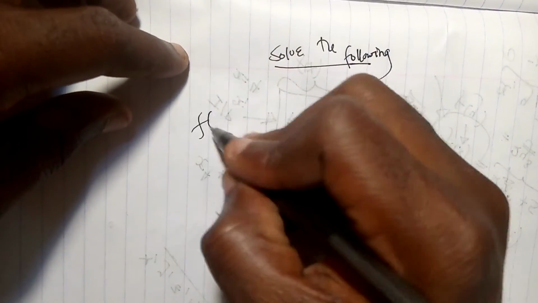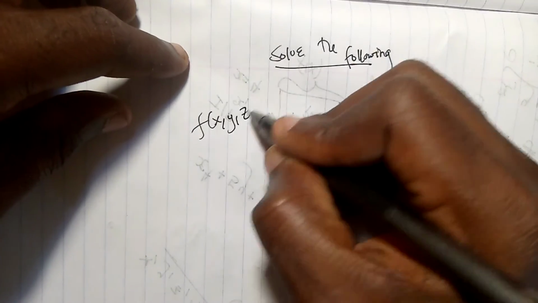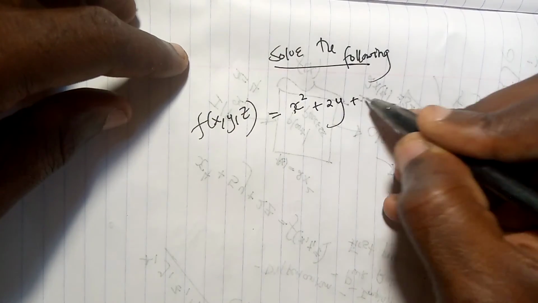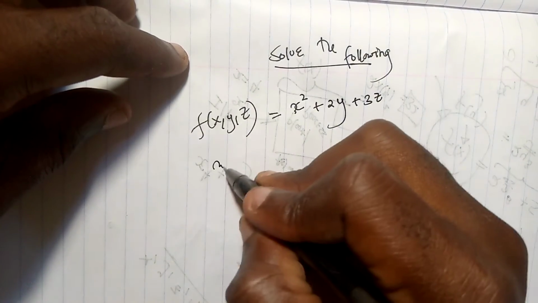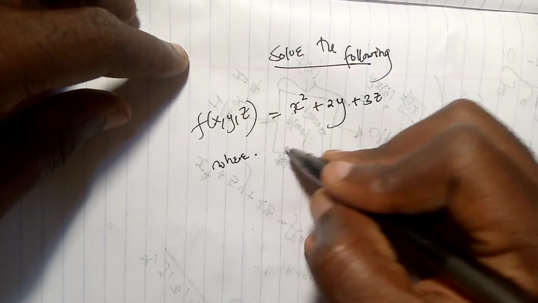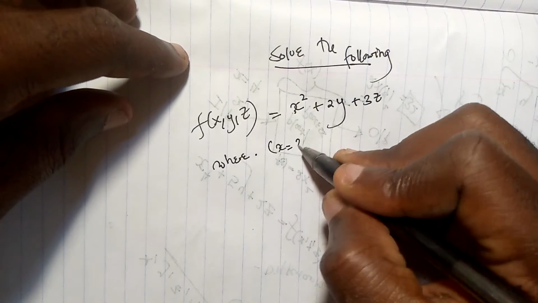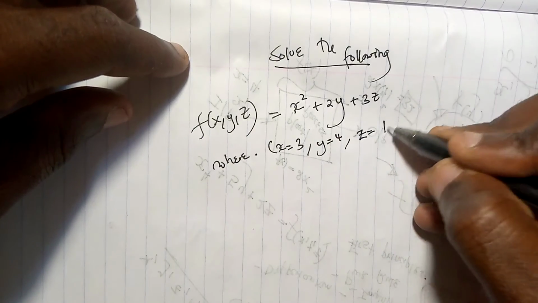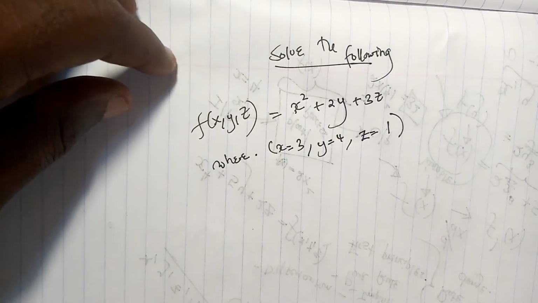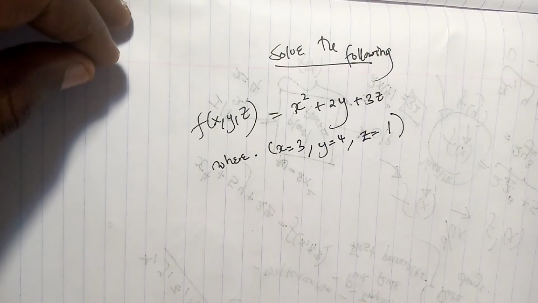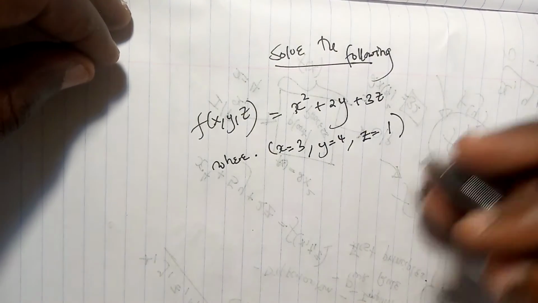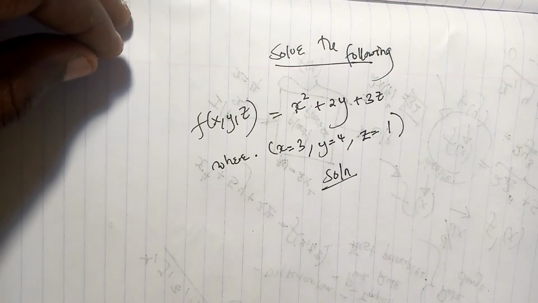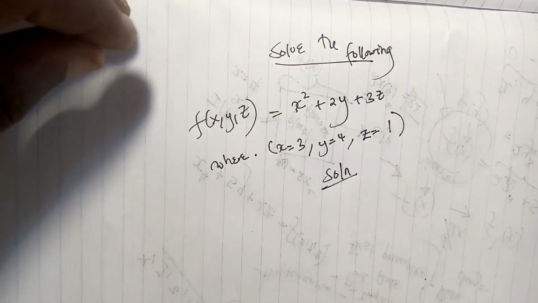So you have f of x, y, z is equals to x squared plus 2y plus 3z, where x is equals to 3, y is equals to 4, and z is equals to 1. So what is the answer in this situation? So I'm going to give you a second, or just pause the video and solve it, and then we solve it together.